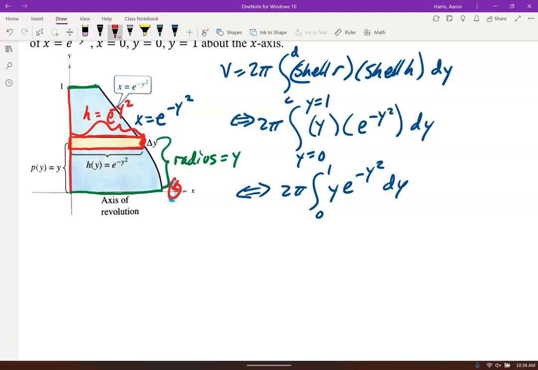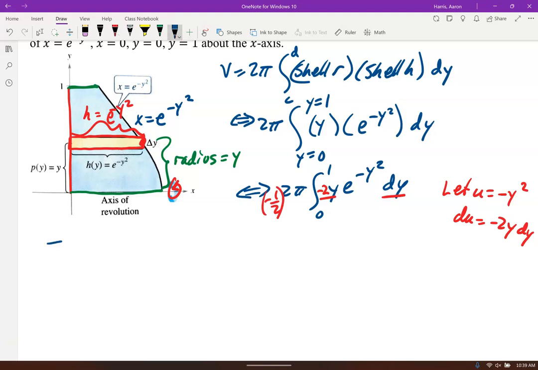If you notice on this, we're going to have to do a little u sub here. So we're going to have to let u be that negative y squared. So du is negative 2y dy. So I need a negative 2y. I have to give it a negative 2, so I got to offset it with a negative 1/2 out front.